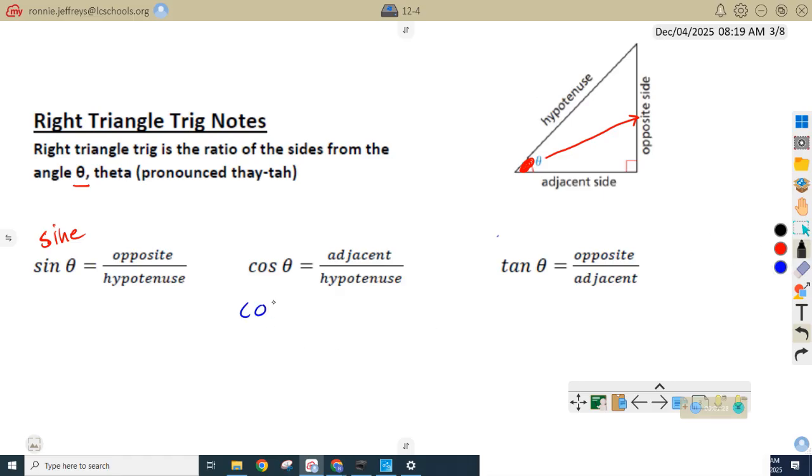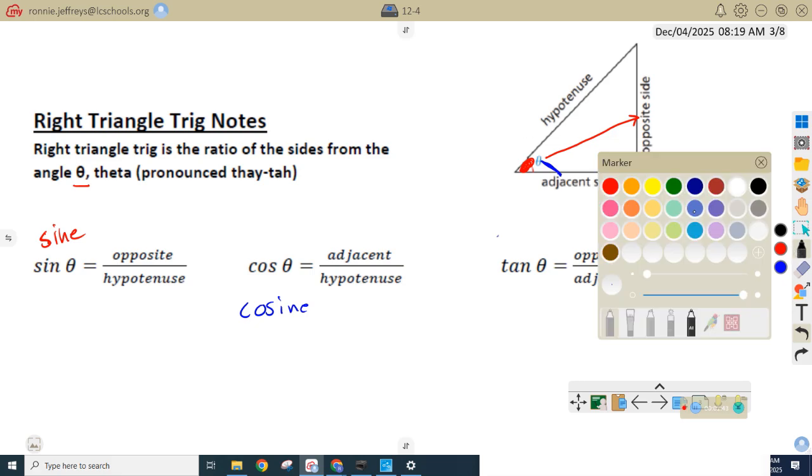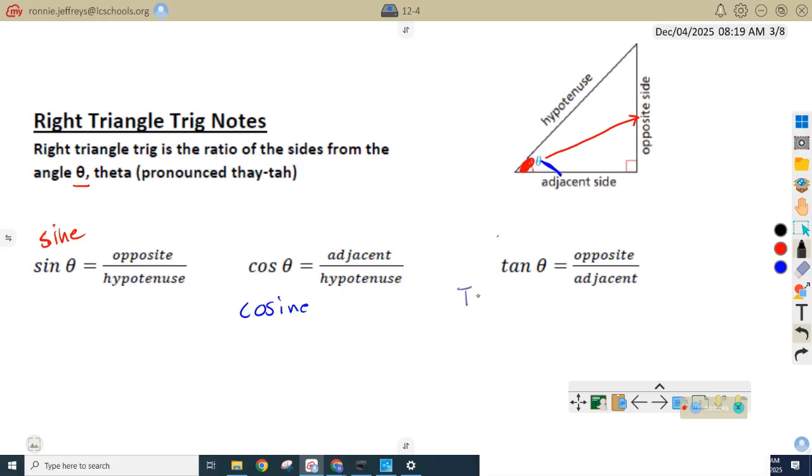This is cosine: if this is our theta, it's our adjacent, the one right beside it, not across, over the hypotenuse. And for tangent, we would have our opposite over the adjacent.